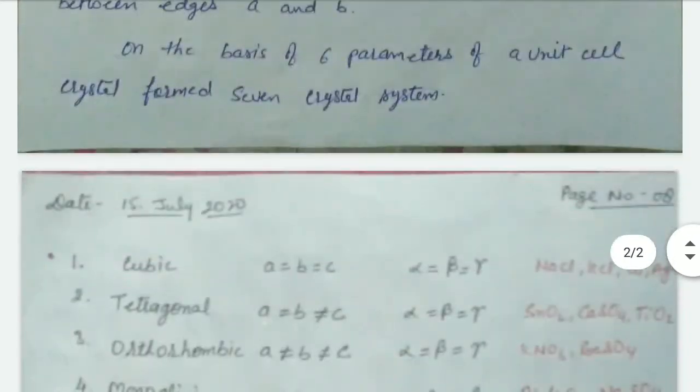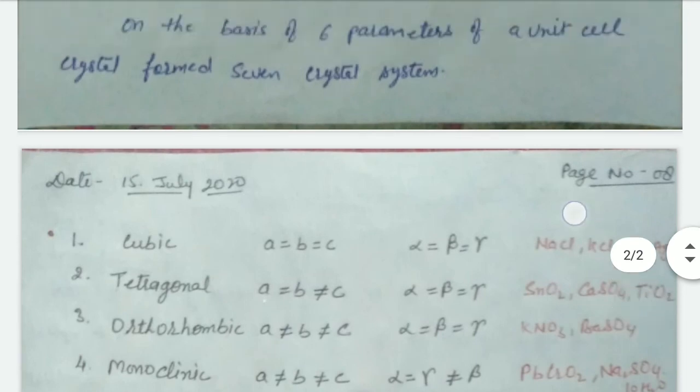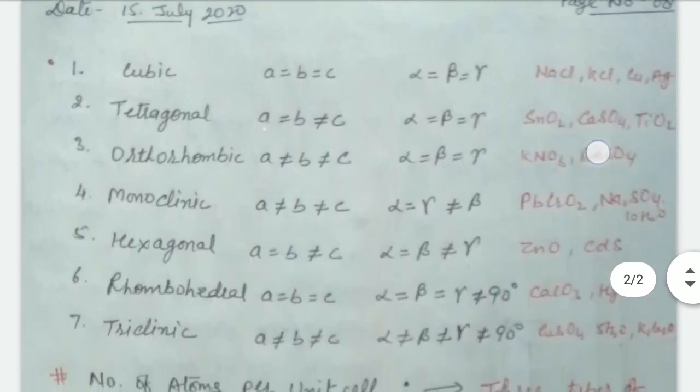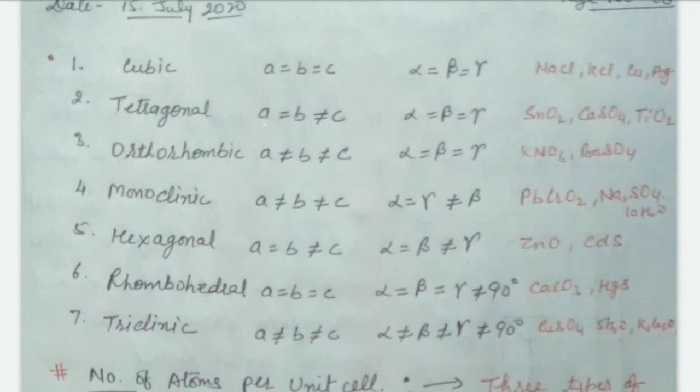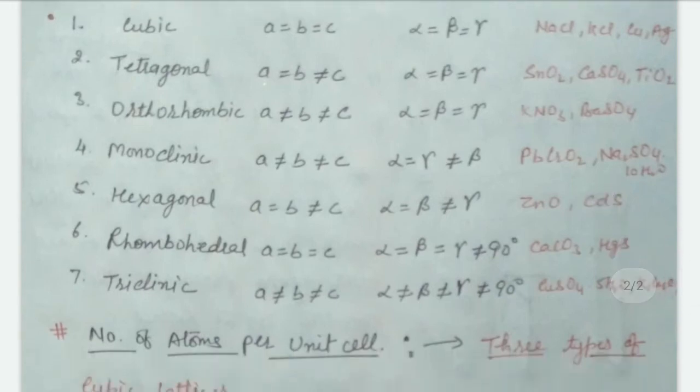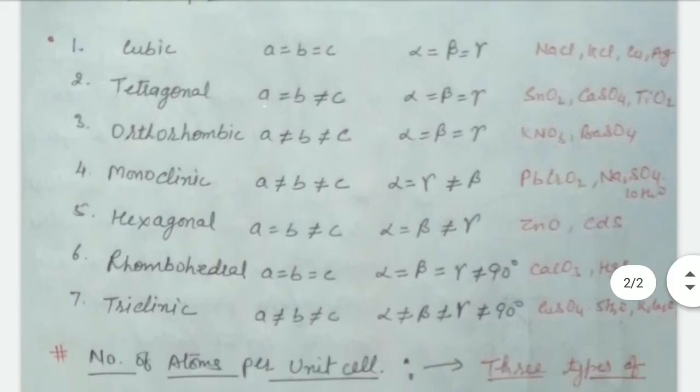That's right. Now, on the basis of the six parameters, the crystal lattice has seven types: cubic, tetragonal, orthorhombic, monoclinic, hexagonal, rhombohedral, and triclinic. First is cubic.